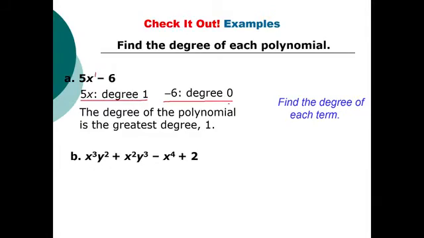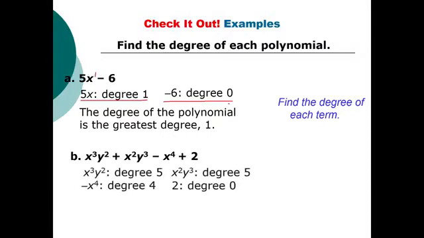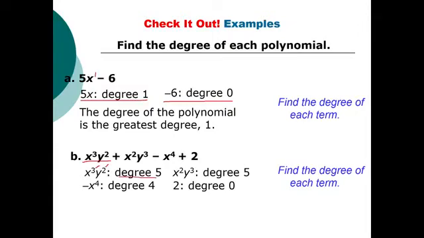For example, letter B. Find the degree of each term again. Okay? So the degree of the first term, you add the 2 exponents, you'll be getting 5. The degree of the second term, adding the 2 exponents, you'll be getting 5 as well again.